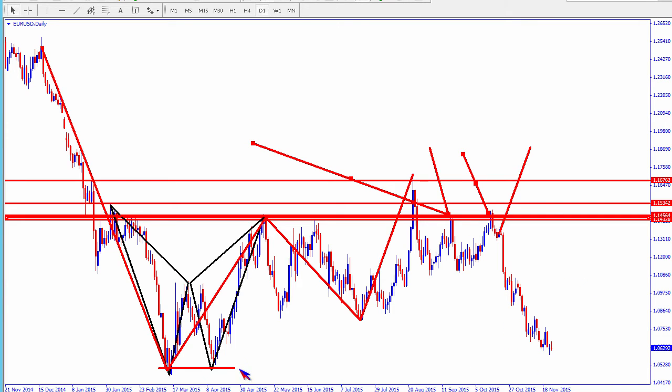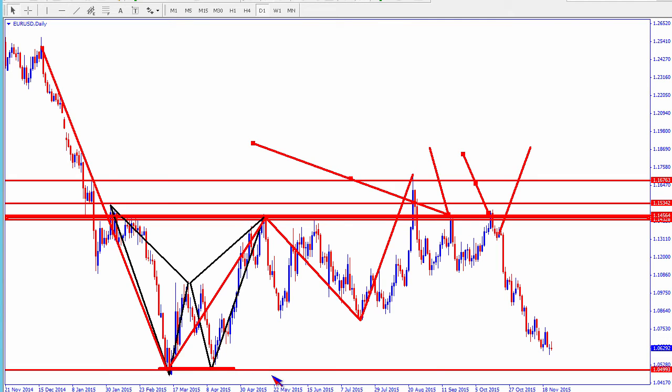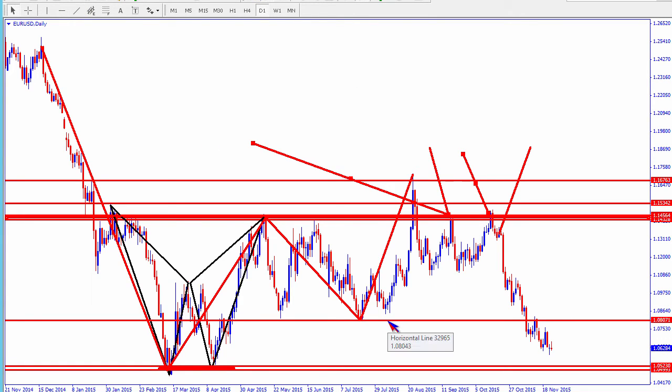So now, right down here, you have support. I wouldn't touch anything on the buy side really unless you were to get down here. There's no reason. Look in here, okay? Look in here. If we were to look here and here, right?